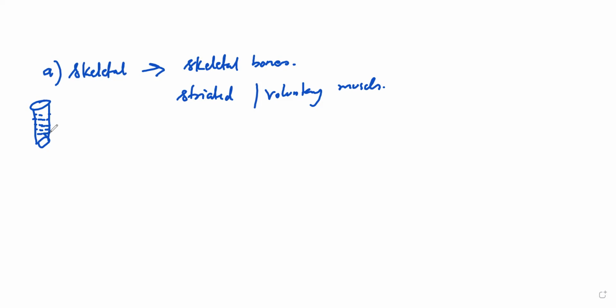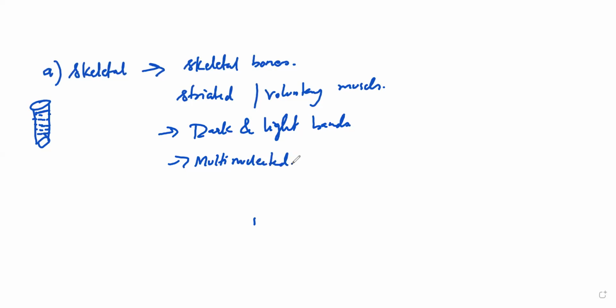Okay, so that's called as what? Voluntary muscles. Plus here there will be what? Dark and light bands present. Okay, so if one strip will be light, other will be dark. So that's called as light and dark bands, and they will be multinucleated, means many nucleus they will be having. Plus, they are what?